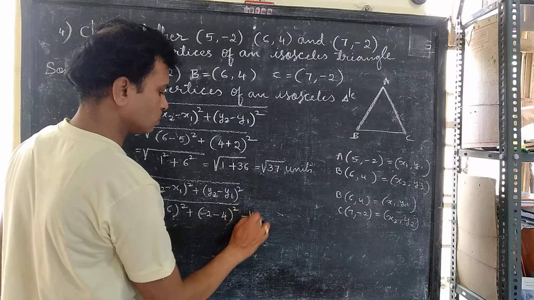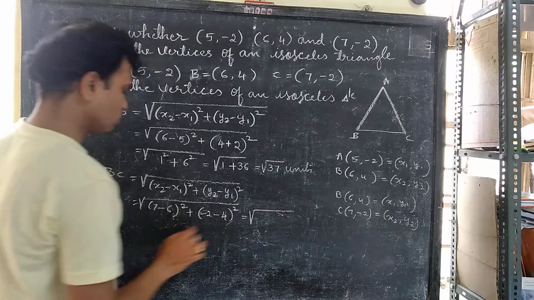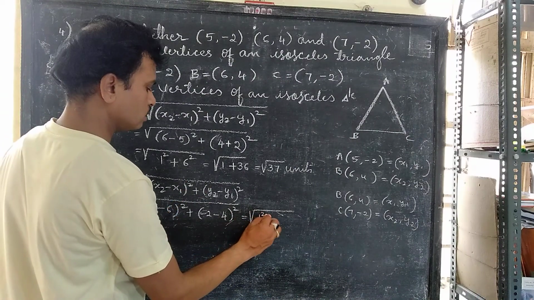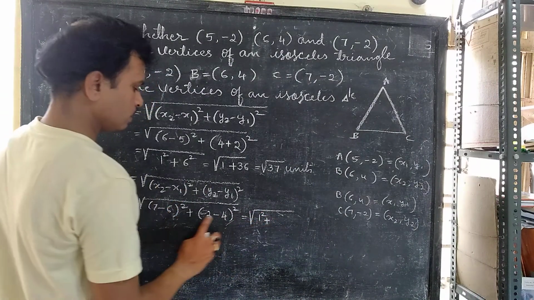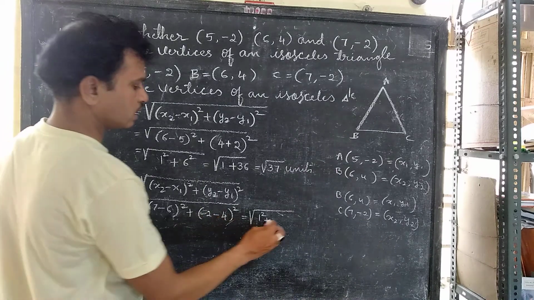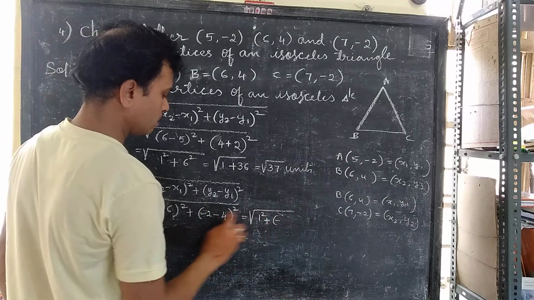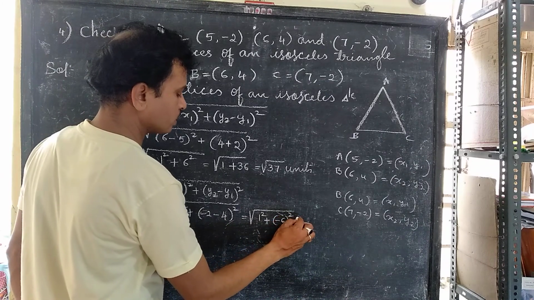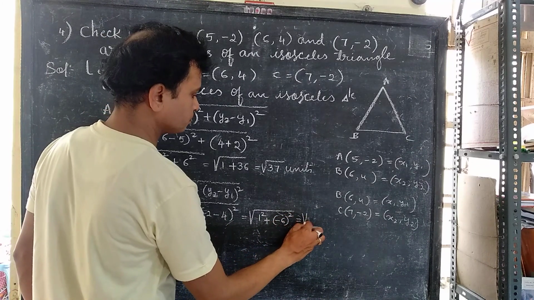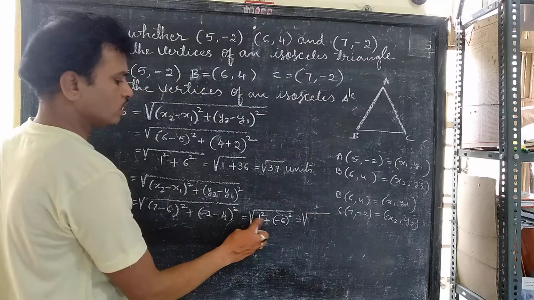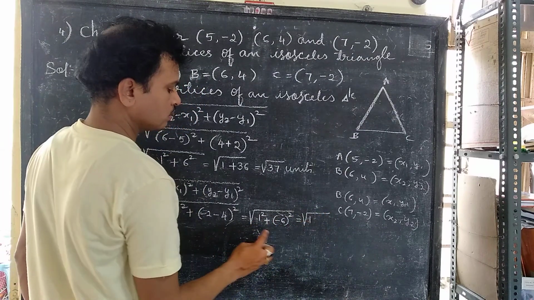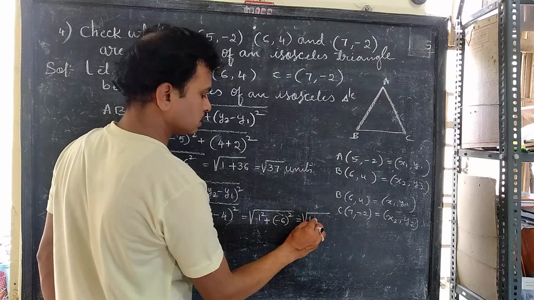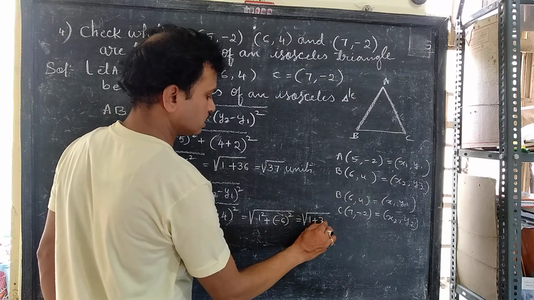Then square root symbol as it is. 7 minus 6 is 1 square plus, now here both are negative, keep the minus sign and add, 2 plus 4 is 6 whole square. Then 1 square is 1, minus 6 whole square is 36, so 1 plus 36.